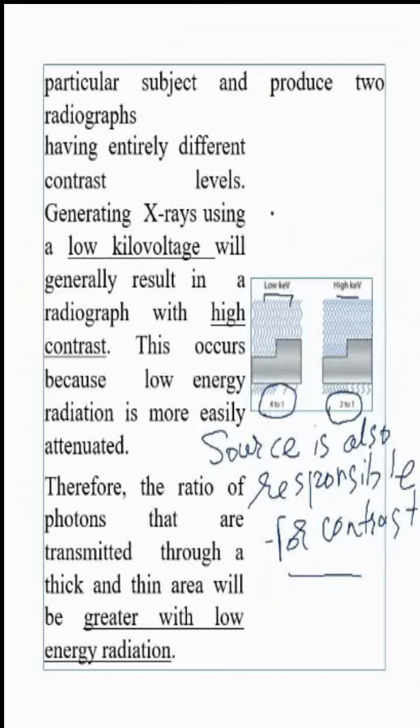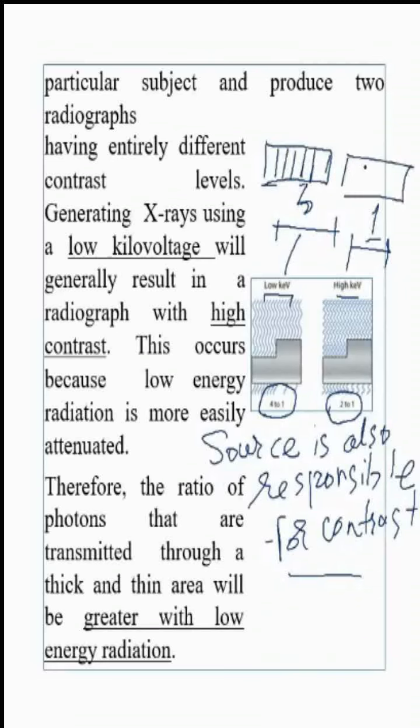4 to 1 means the contrast is having a range of 3 in this case, and here 2 to 1 means a contrast is having a range of only 1 density change throughout. So here you will get very good change in the shades of gray. If we say 1, 2, 3, 4, 5, different grades we can identify.